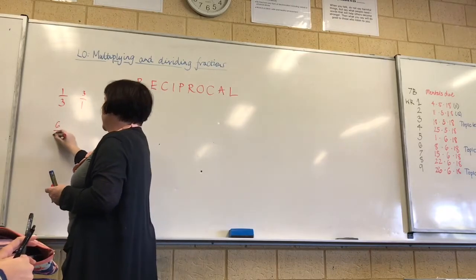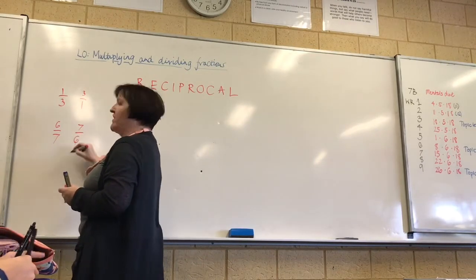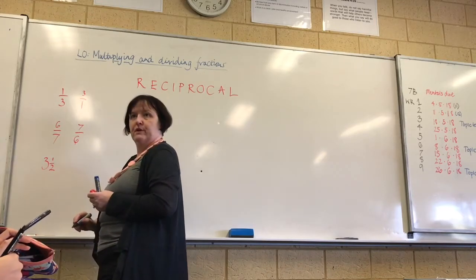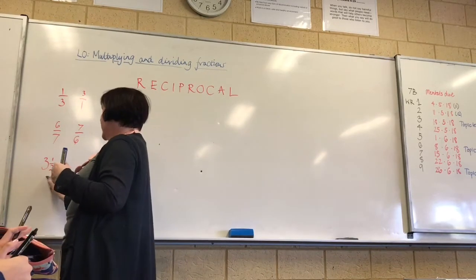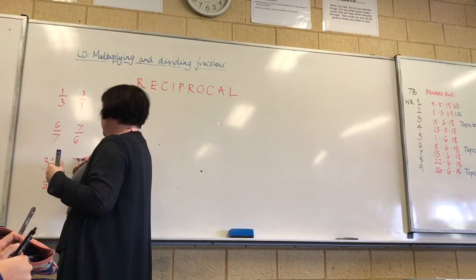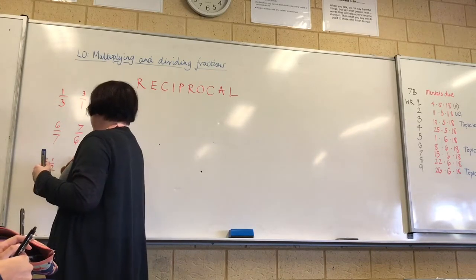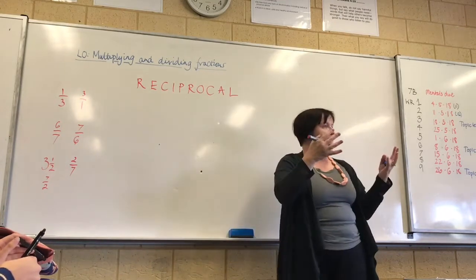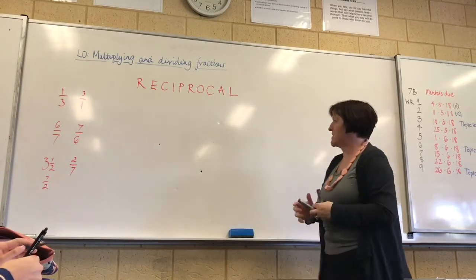If we've got 6/7, its reciprocal is 7/6. If we've got 3.5, you'd have to make it 7/2, and so its reciprocal would be 2/7. Okay? So you need to be able to find the reciprocal of the second fraction.